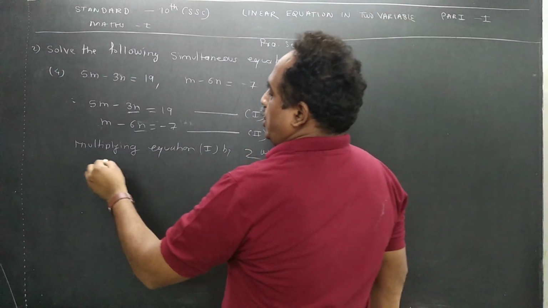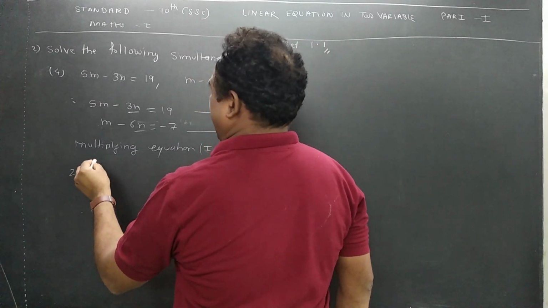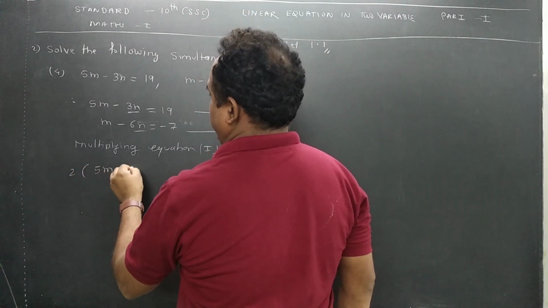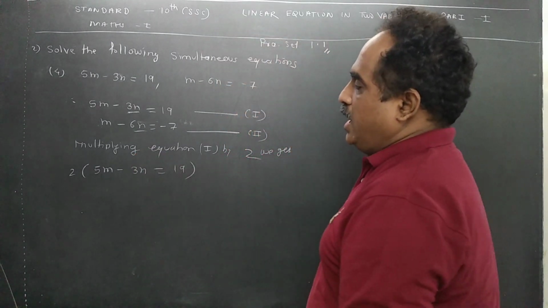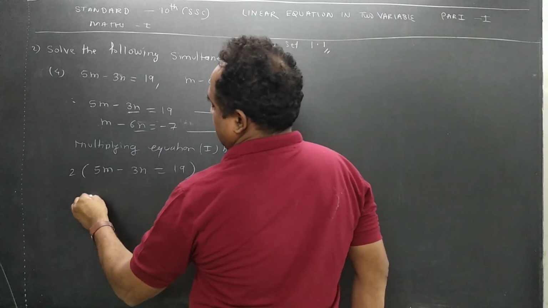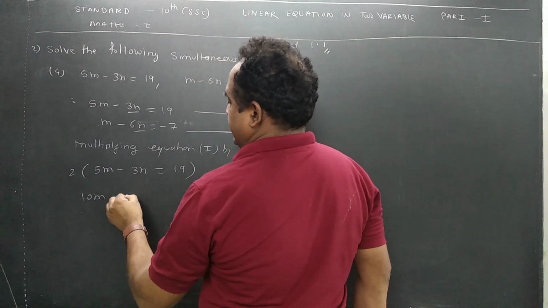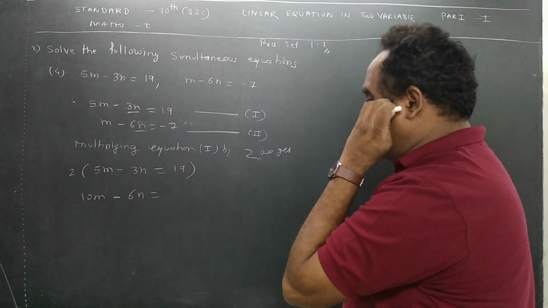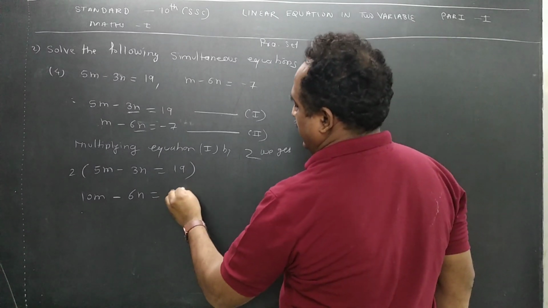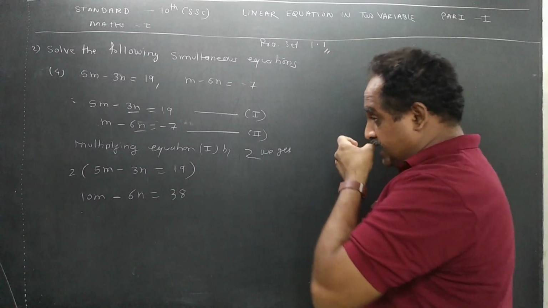2 in bracket 5m minus 3n is equal to 19. So 5 2s are 10m minus 6n is equal to 38, since 19 2s are 38. Students, please take care.